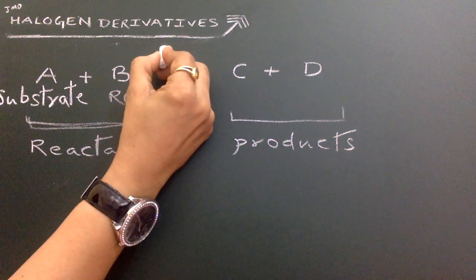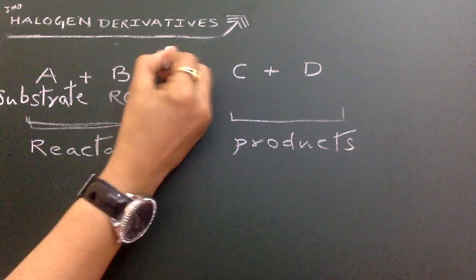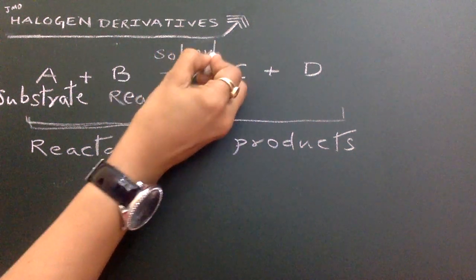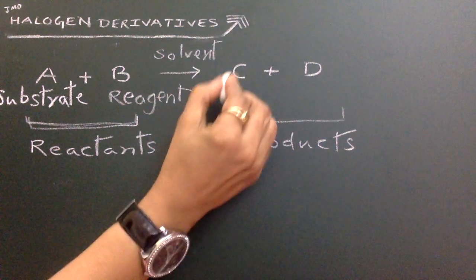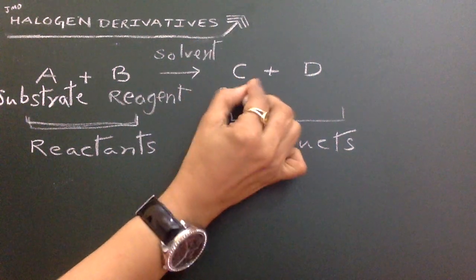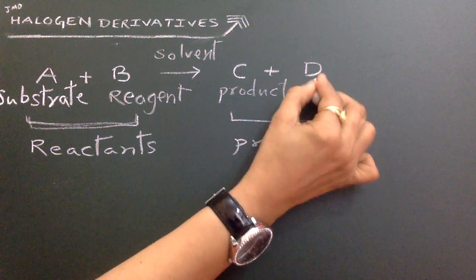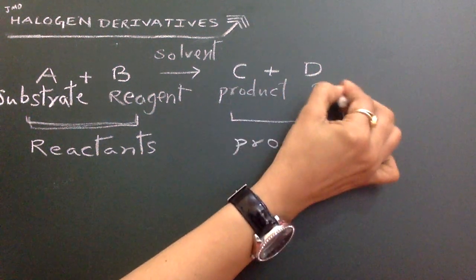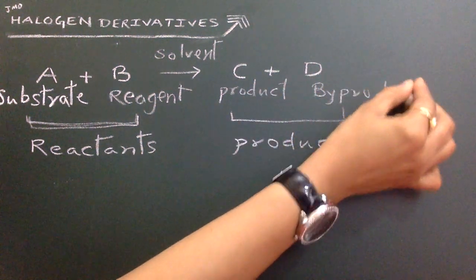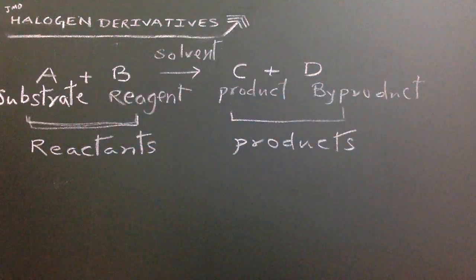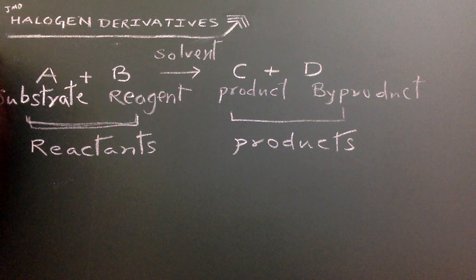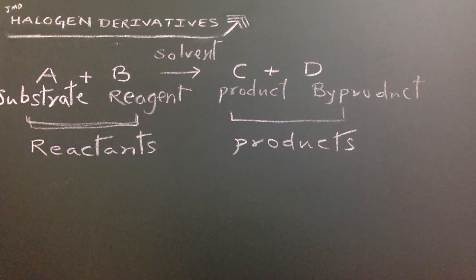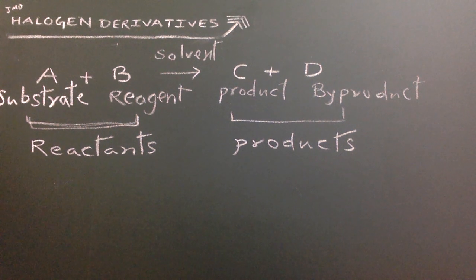There will be some solvents which we'll be using, which I'm just writing here. And C is called the product, and D is called the byproduct. So whenever I say substrate, I'm referring to A. When I say reagent, I'm talking about B, when I say product, I mean C, and similarly for byproduct, I mean D.